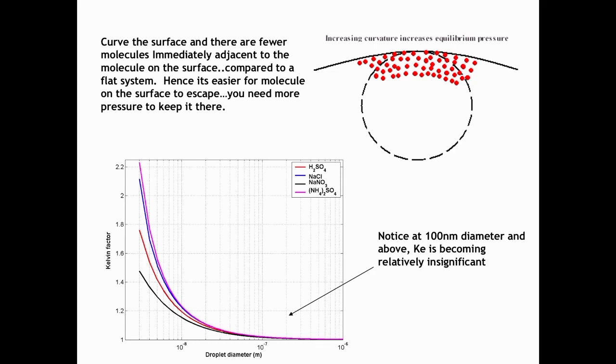So the vapour pressure over a curved particle is higher than over a flat surface. As you curve it more and more, the vapour pressure gets higher and higher. So you need more and more relative humidity to keep the particle growing, because your molecules are wanting to escape. So it's harder to grow a small particle than it is to grow a large particle.